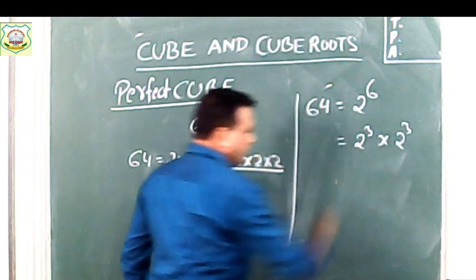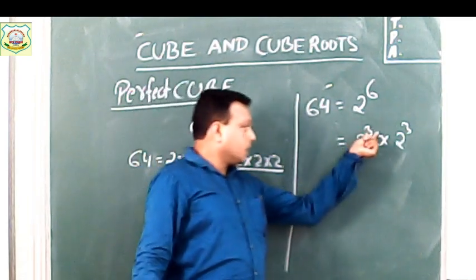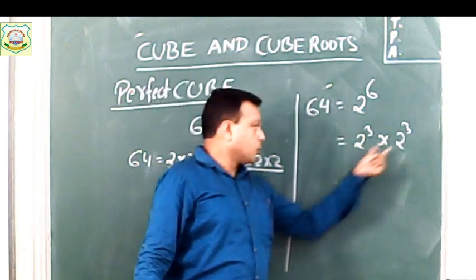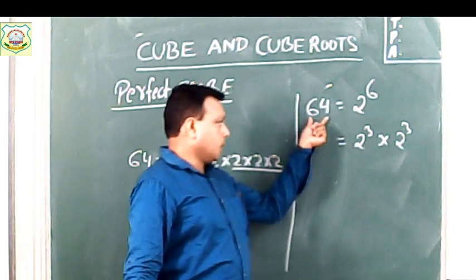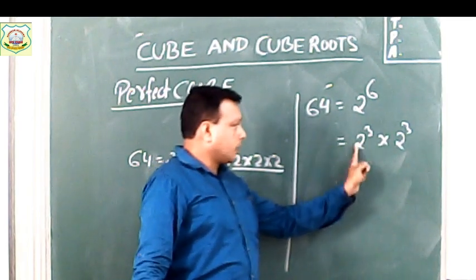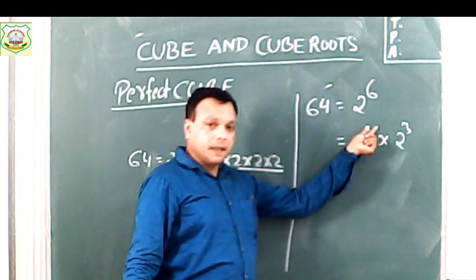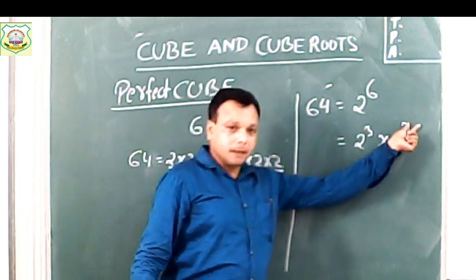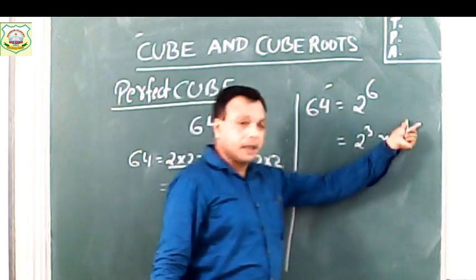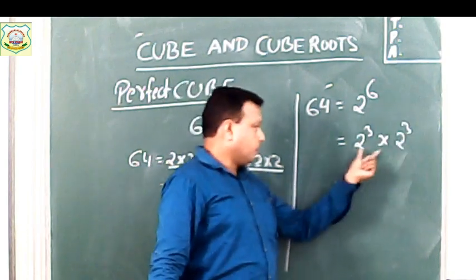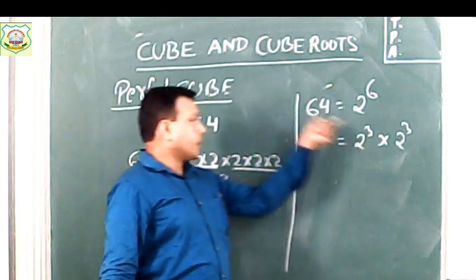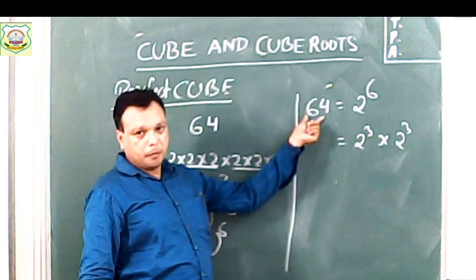If a number is having powers of 3, it is a perfect cube.